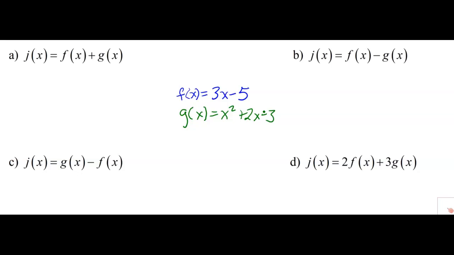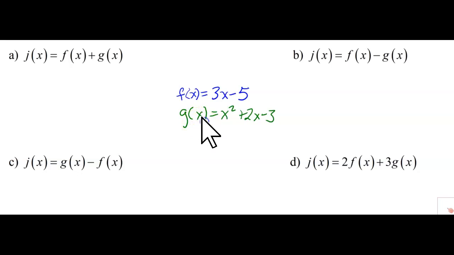So when I see "do something with your functions," the first thing is x itself. These x's are just saying what you're using as your variable. If I look at f of x, I see f at x, and in my equation I'm using x as my input.